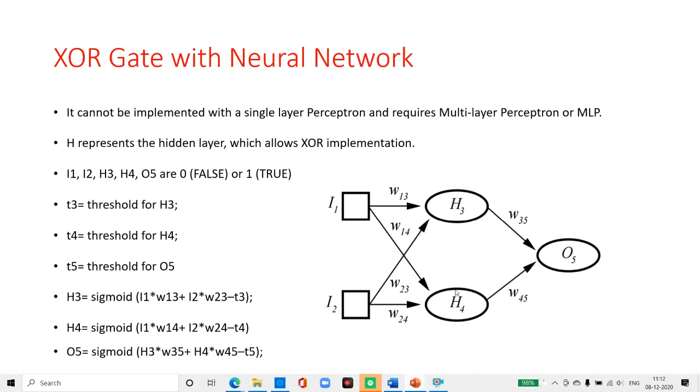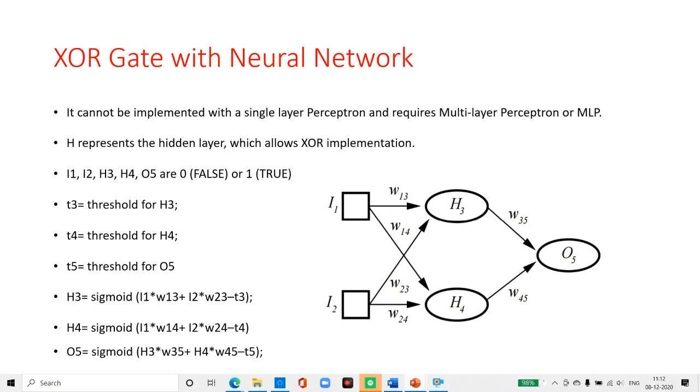So in the XOR gate, we include one hidden layer, that is H3 and H4. The XOR gate assigns weights so that XOR conditions are met. So it cannot be implemented with a single layer perceptron and requires a multi-layer perceptron, or MLP.